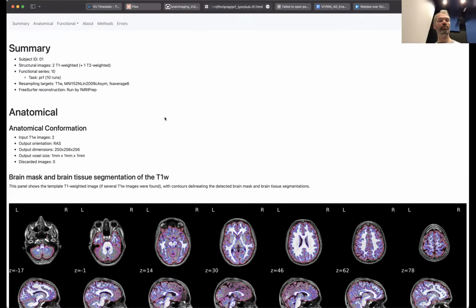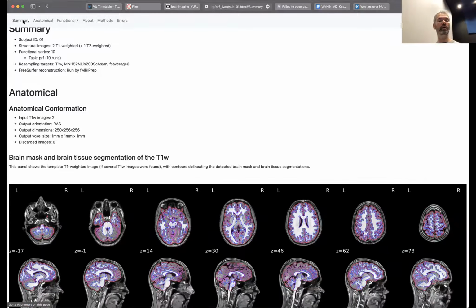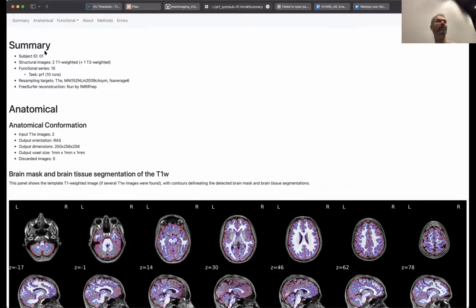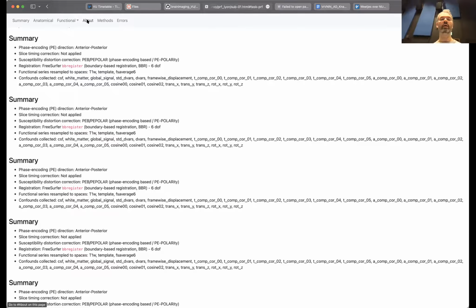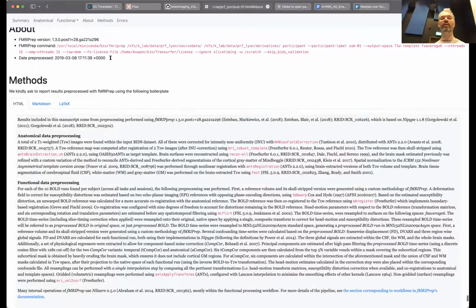So first, if we go to the menus, you can go to the summary, right? And it just gives you an idea of subject ID and what types of things that we asked it to do. I'll go into that. Then you can go to different sections here for anatomical or for functional, separated by task. You can ask it what it did, right? So how was it run at some point?